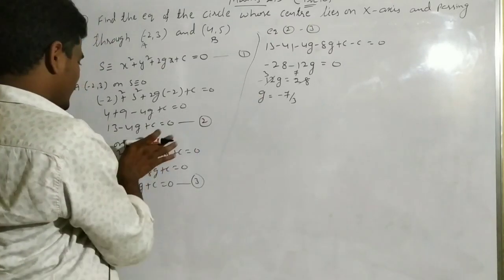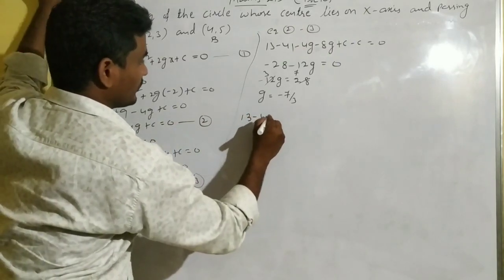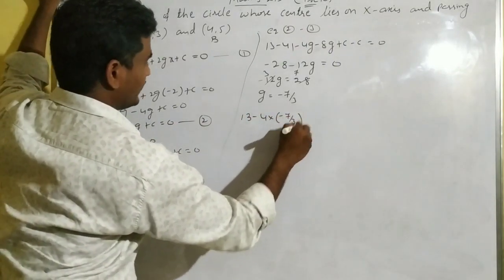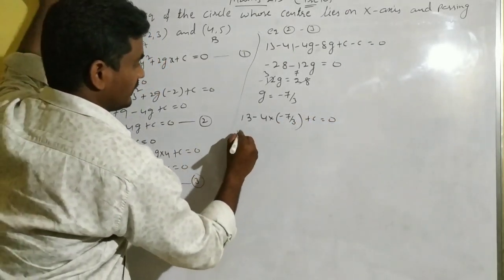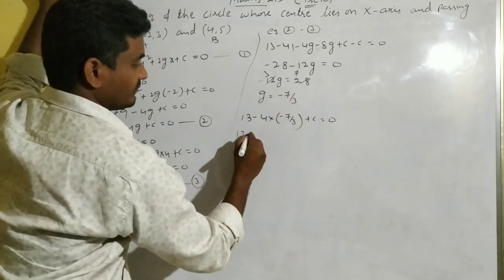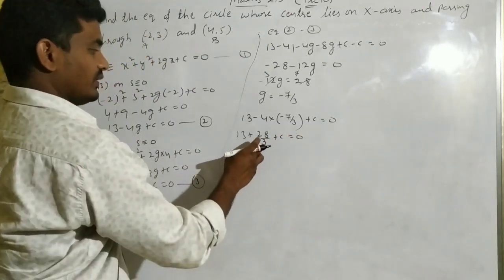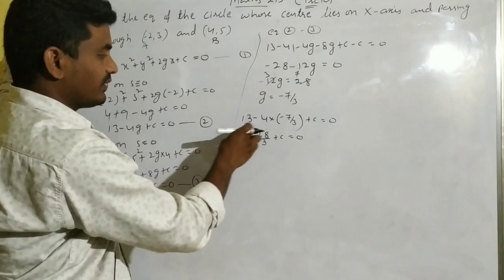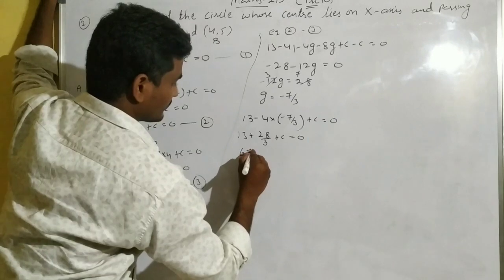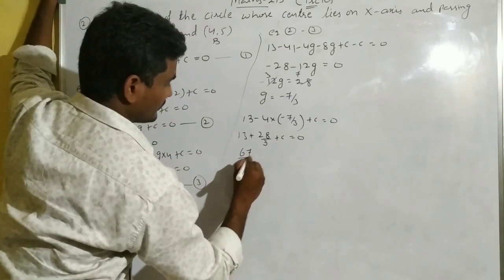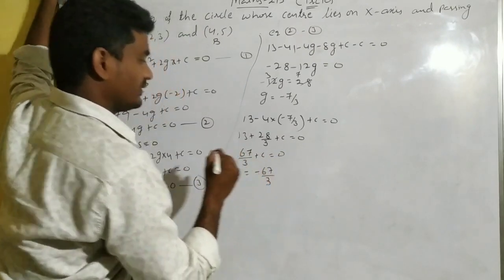So I am substituting the g value in equation number 2. 13 minus 4 into minus 7 by 3 plus c equals 0. 4 times 7 is 28 by 3 plus c equals 0. 3 times 13 is 39. 39 plus 28 is 67 by 3 plus c equals 0. Finally c equals minus 67 by 3.